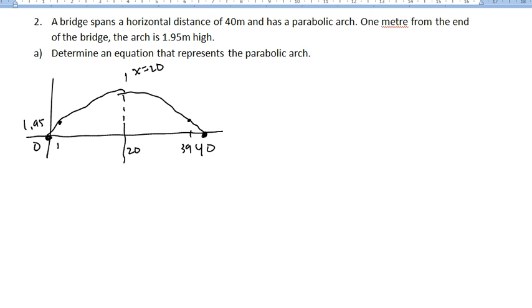So we can do the exact same thing as on the last page. We get y equals a(x minus 20) to get our axis of symmetry in the right spot, plus q. And now let's just choose 2 points. (0, 0) would be a nice easy one to use.